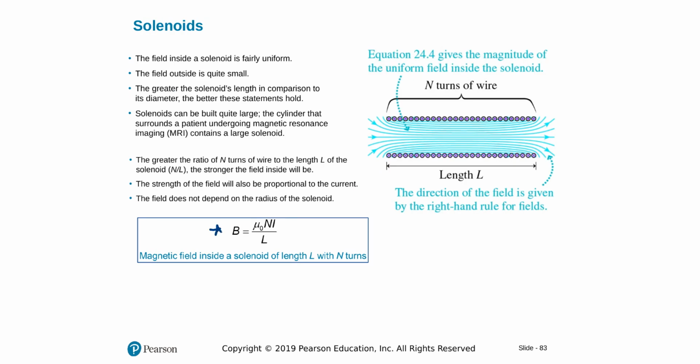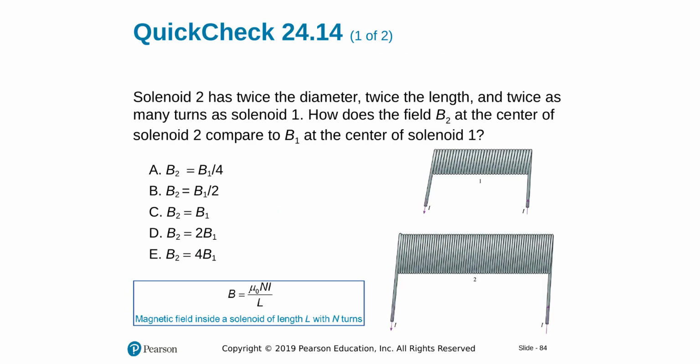Solenoid has this equation. We use the right hand rule to find the direction. Use this equation to find the value of the magnetic field. This is the number of turns, this is the length, and this is the current. In this question we have two solenoids.